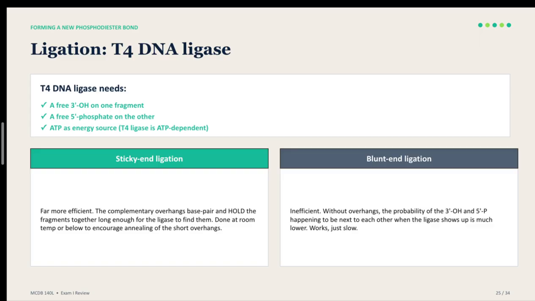In terms of procedural considerations, T4 optimally works at 37 degrees Celsius, but we can run ligations at room temperature or 4 degrees Celsius because we want the short overhangs to stay base paired long enough to ligate, and higher temperatures would melt them.